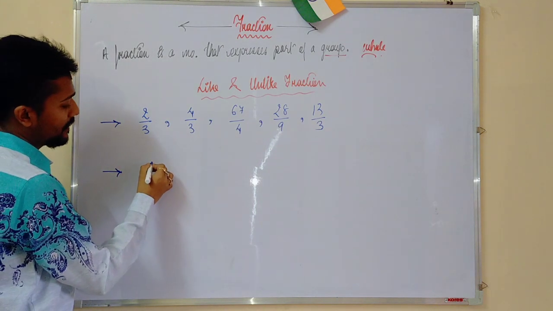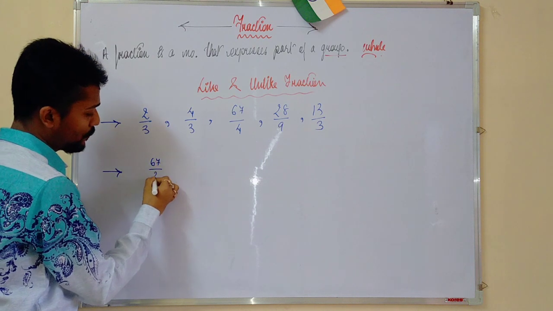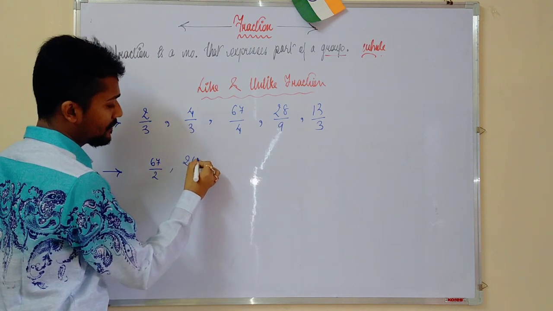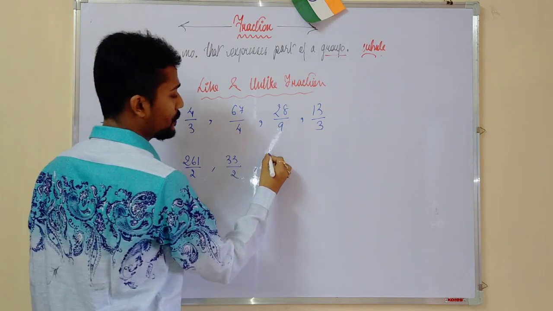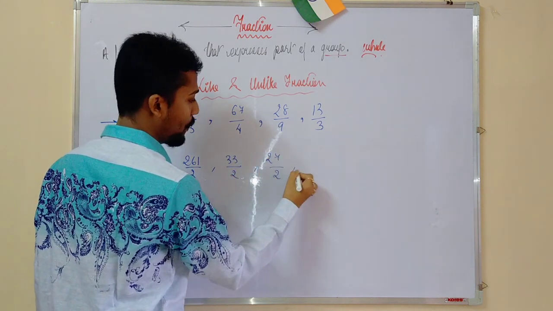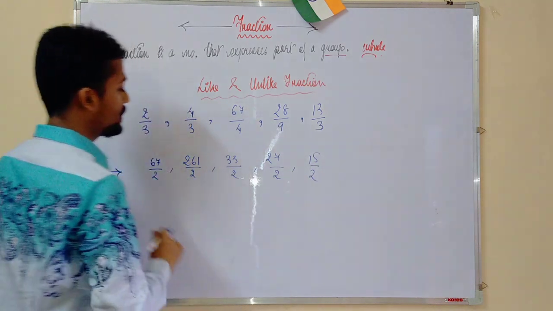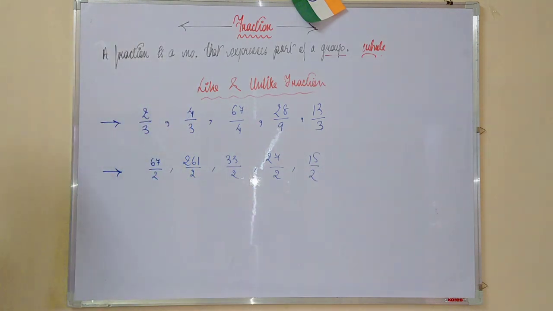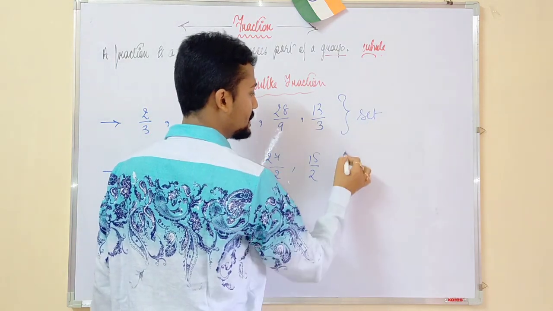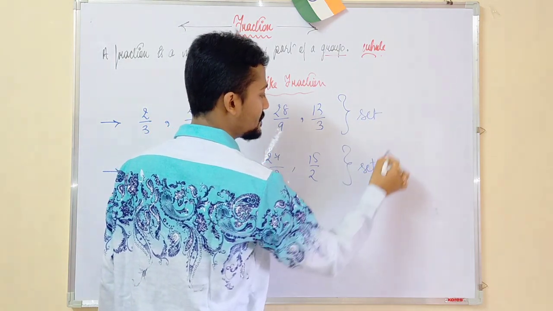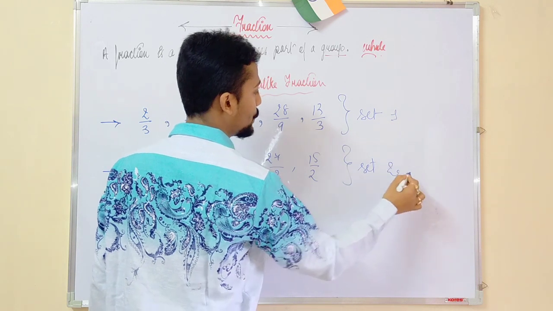Say for example 67 by 2, 261 by 2, 33 by 2, 27 by 2, 15 by 2. Here also I have written 5 fractions. That means this is one particular set of fractions and this is another set. This is set 1, say for example, and this is set 2.